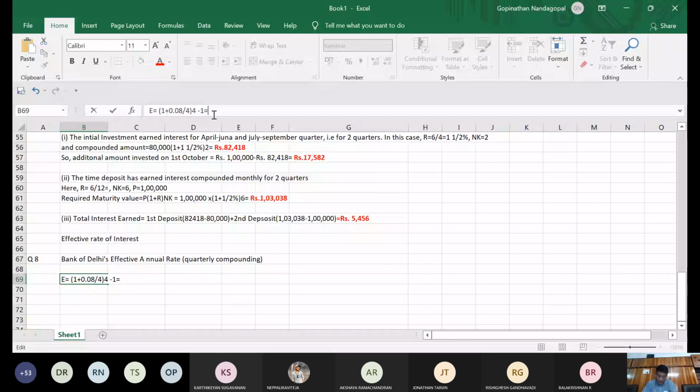So you have the same effective annual rate under monthly compounding.